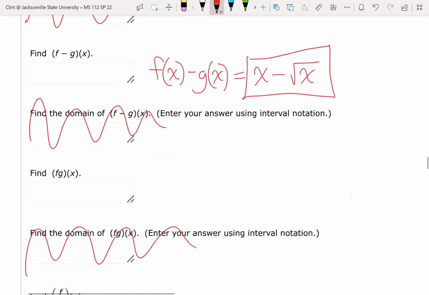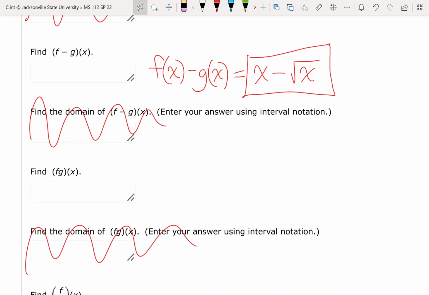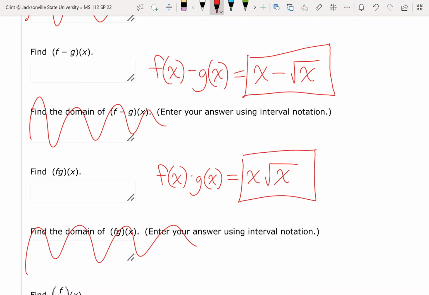F times g means we would have f of x times g of x. That'll be x times square root of x. Nothing really to do there either. Okay.